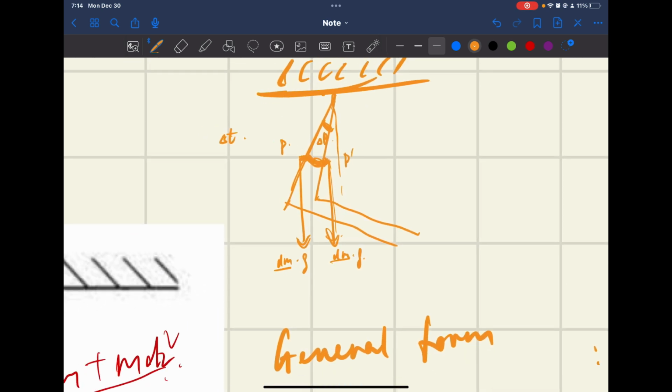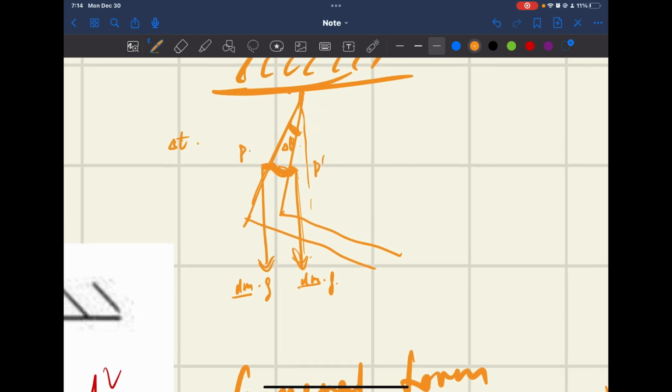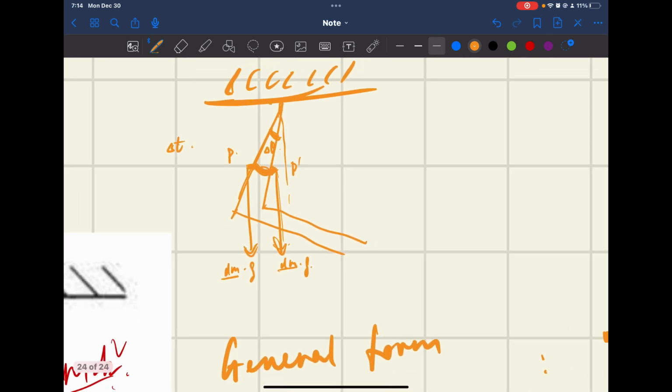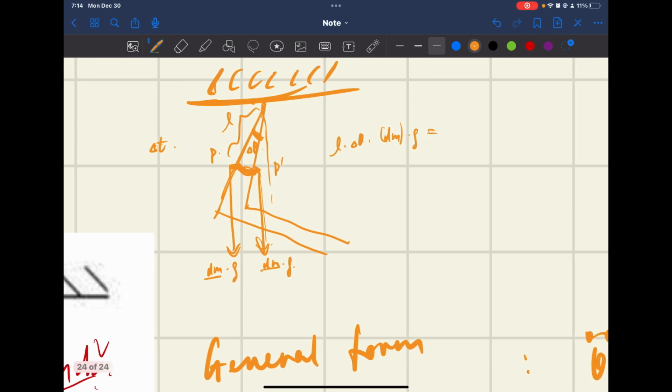It's the gravity that causes the point to have angular displacement, and the displacement is this arc, which is L times delta theta. So dm times g is equal to the rotational inertia of this single point P about the axis A times the angular velocity.